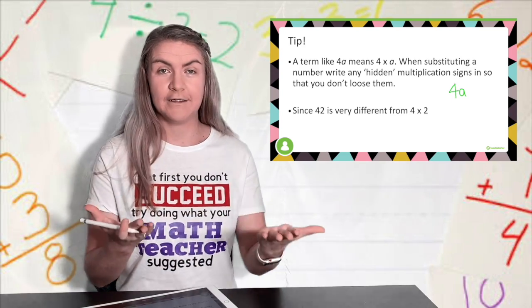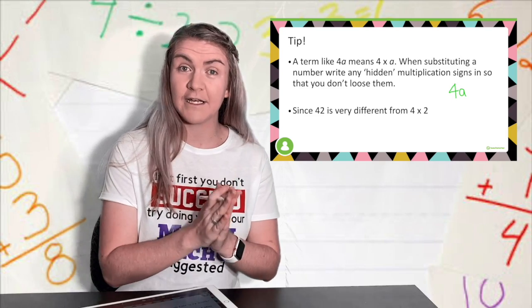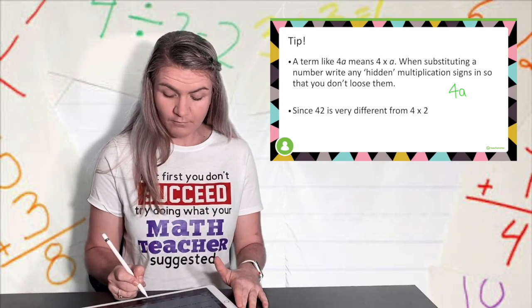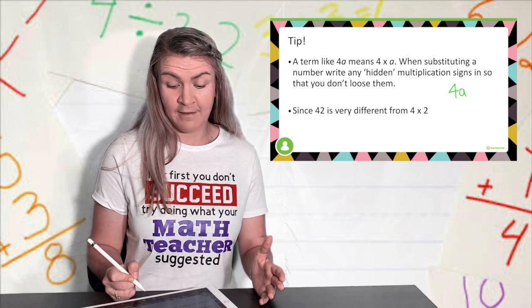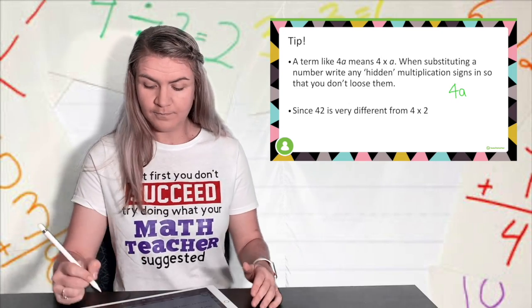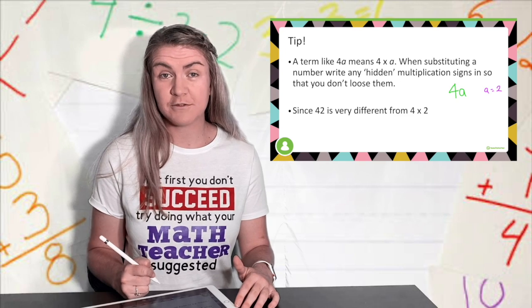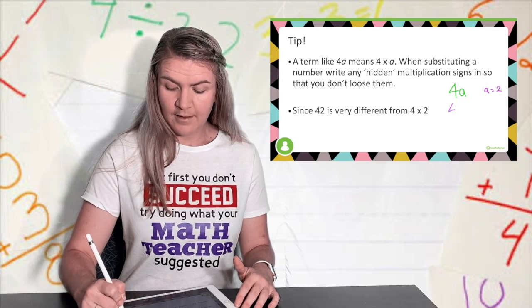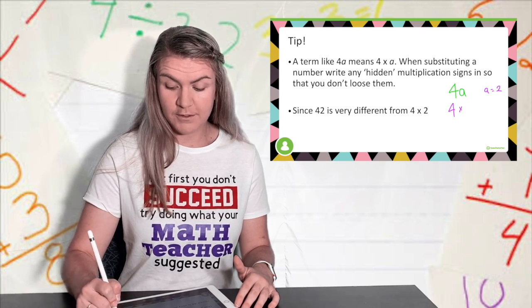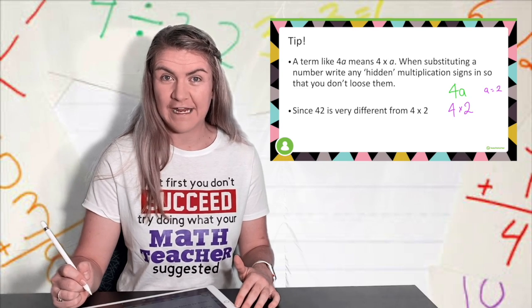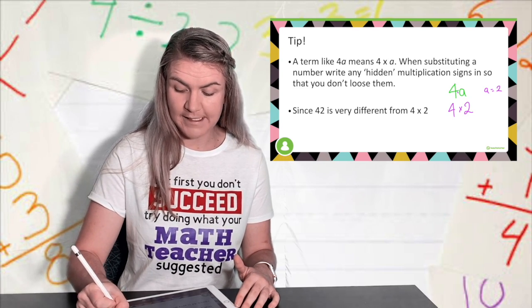Or a letter and a letter sitting right next to each other means they're getting multiplied together. But now let's say that a equals 2. When I replace or substitute a, I need to put that little multiplication back in, that hidden multiplication sign. Remember we said it was hidden.